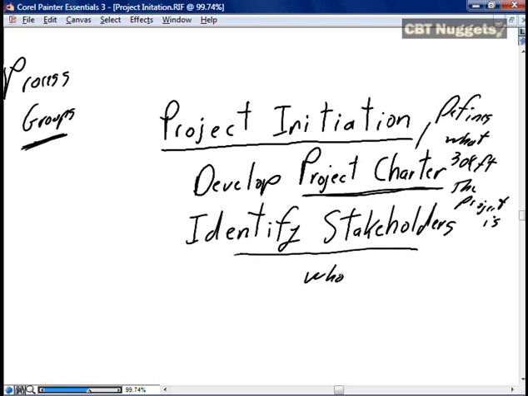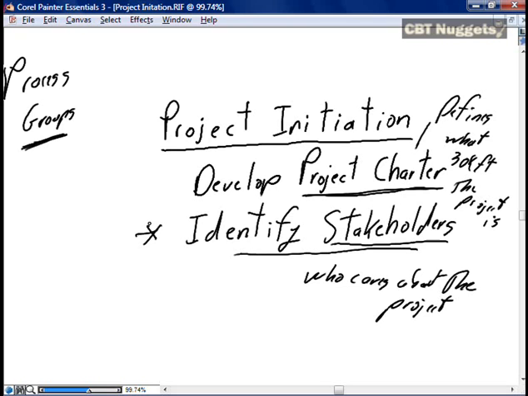Who cares about the project? At this point in the Nugget series, where we've been through the knowledge areas, we've spent substantial time talking about the stakeholders, who they are and why they care. This is, again, in project initiation, where we actually identify them, right up front in the project.